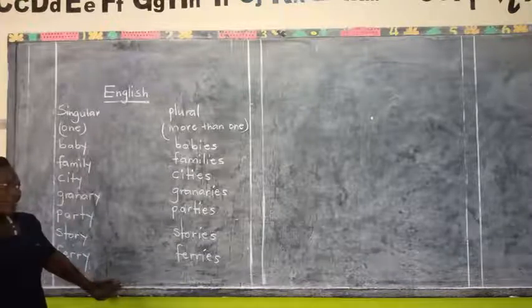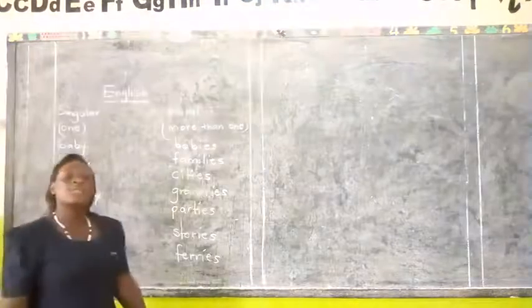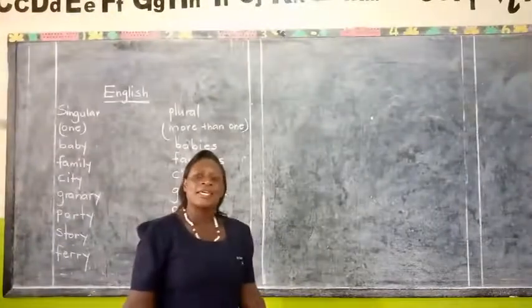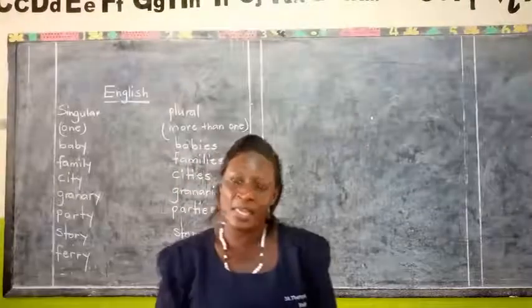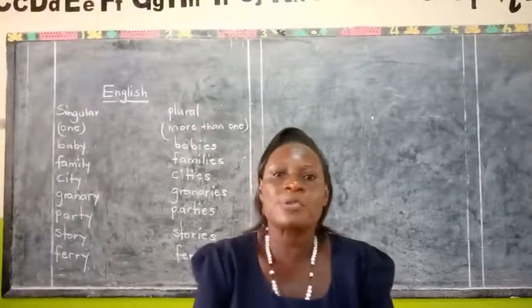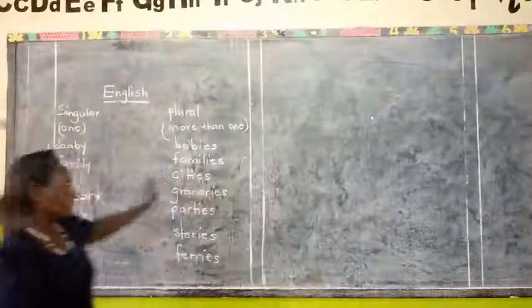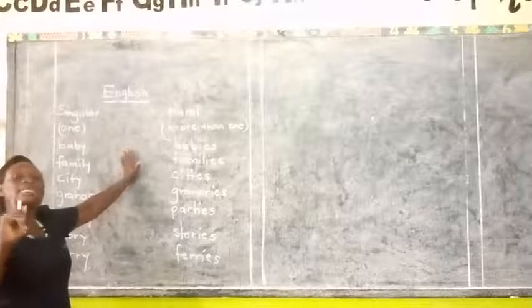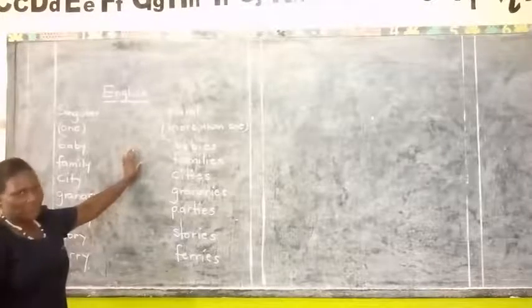Then, for this morning, we want to look at those nouns that end with the letter Y, and when we are forming their plurals, we don't include this IES. Instead, they take only letter S. Let me assure you that I'm not confusing you.